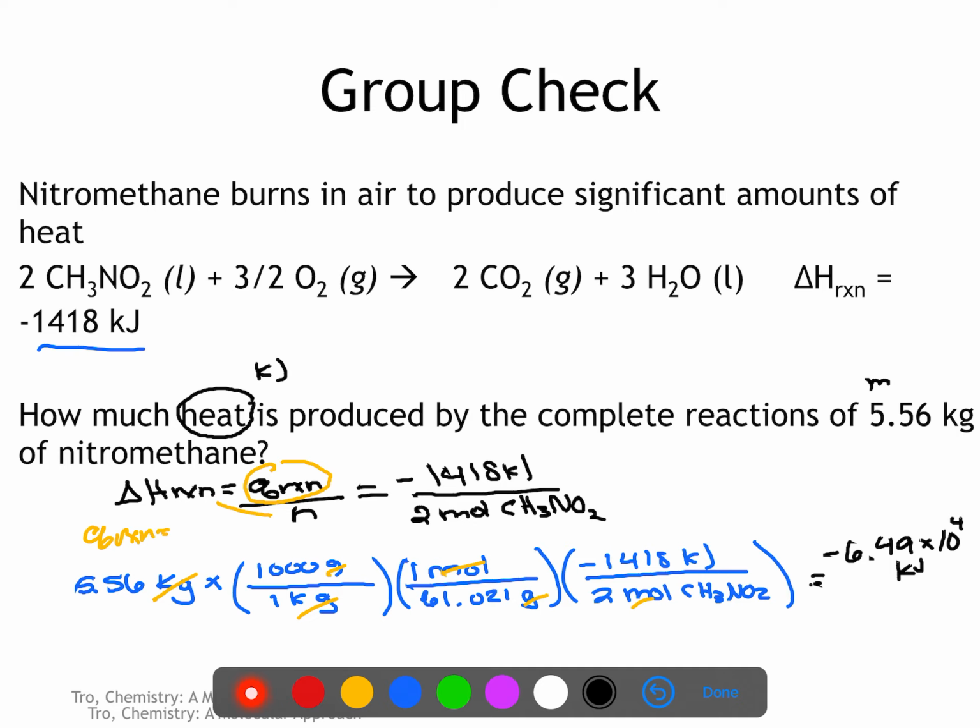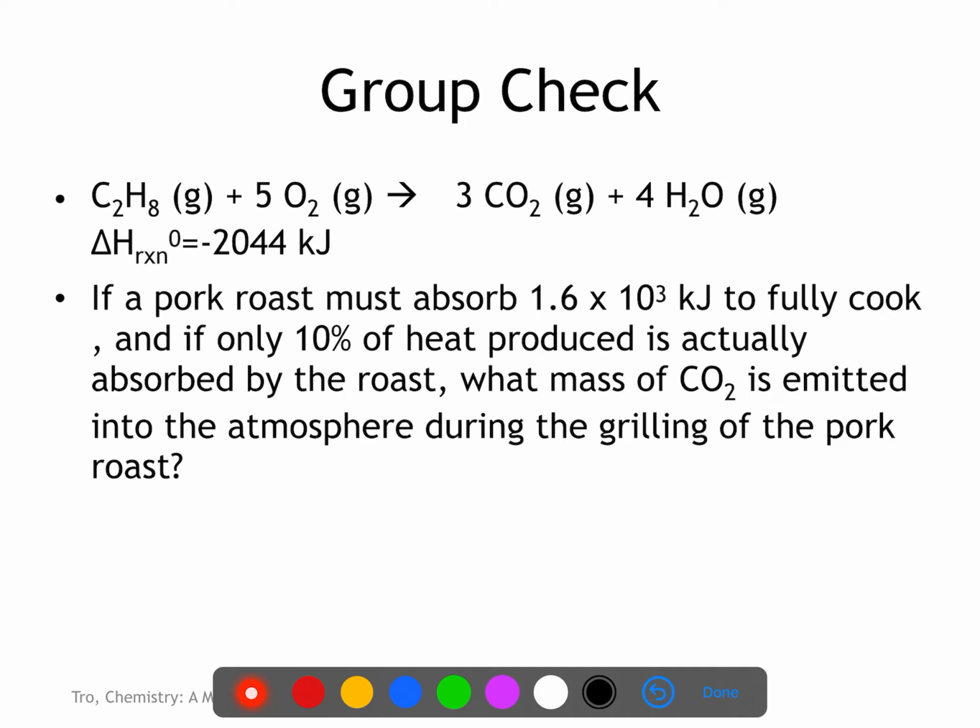Now let's look at a little bit of a different problem. Using this combustion reaction, and this should also be propane, creating negative 2,044 kilojoules, if a pork roast absorbs 1.6 times 10 to the third kilojoules to fully cook, and if only 10% of heat produced is actually absorbed by the roast, what mass of carbon dioxide is emitted in the atmosphere during grilling of the pork roast?